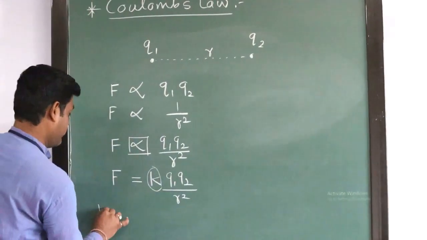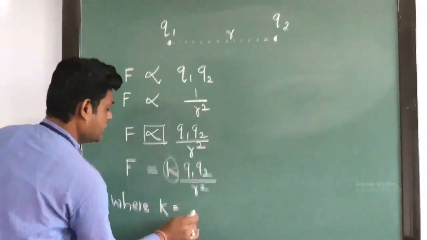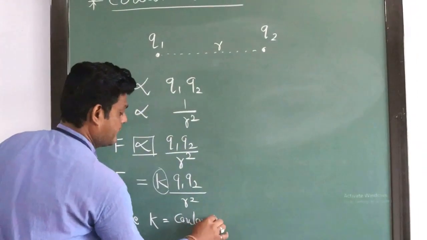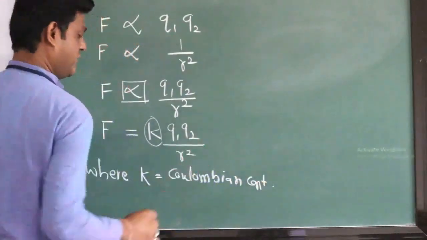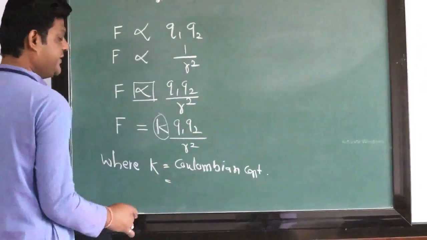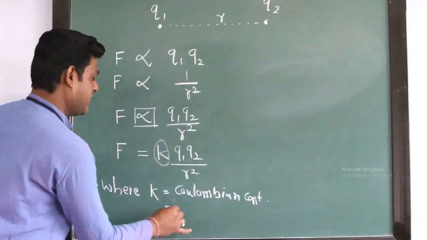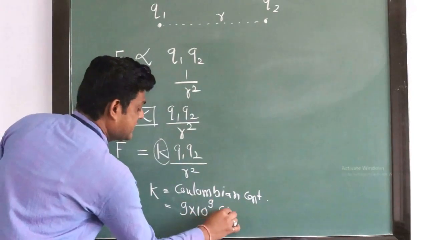We will write where this small k is known as the Coulombian constant. The value of this Coulombian constant, for practical or numerical purposes, we write as 9 times 10 to the power 9 SI.